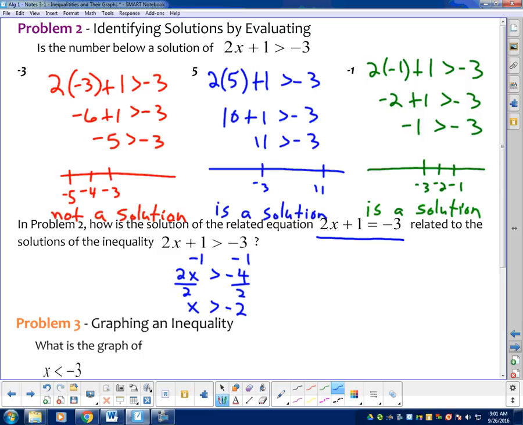In this case, I would end up with 2x equals, if I subtract 1, -4, divide by 2, I get x equals -2. This is telling me on the number line, x is -2. If this were 0, there's -1, -2. Just saying that is the only solution to that equation. If you plug -2 in, it will make that true.